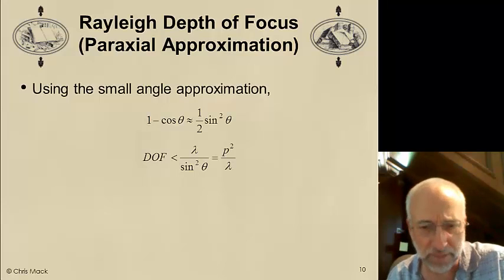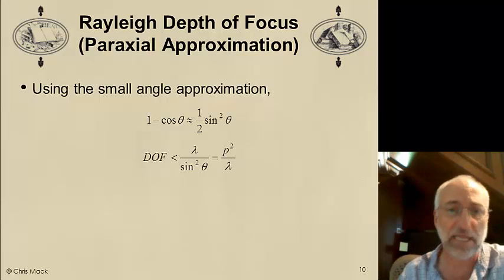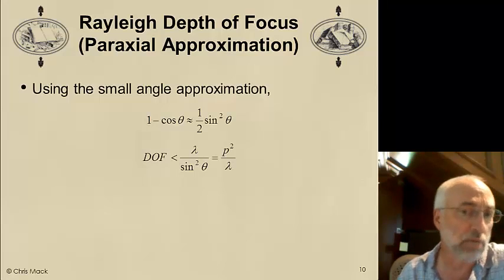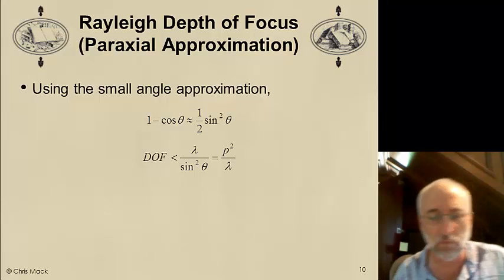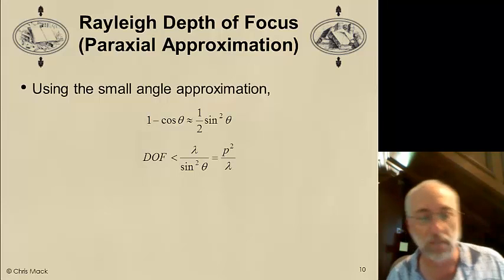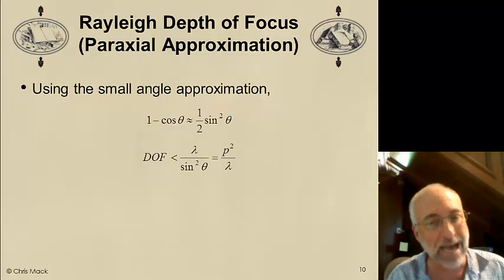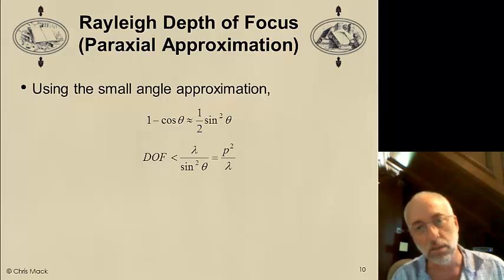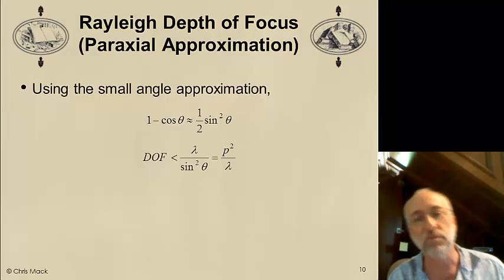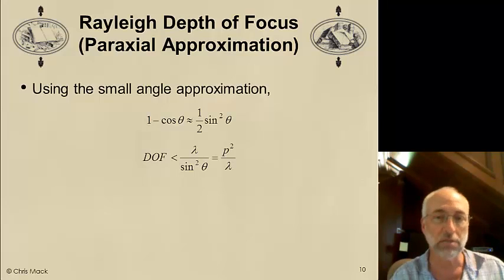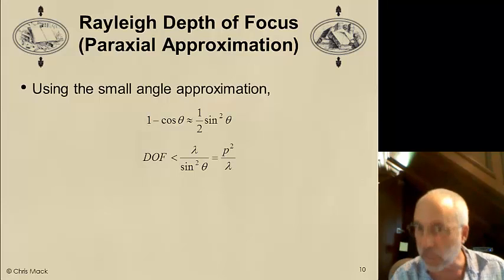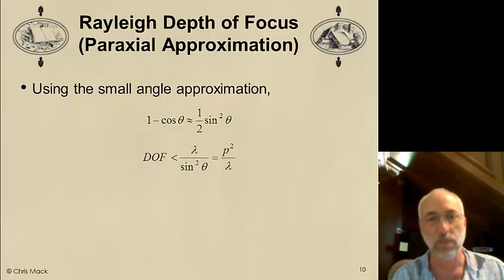And therefore, our depth of focus has to be less than lambda over sine squared theta. Well, what is sine squared theta? It's the angle of the light coming out of the lens, and if we have a periodic line space pattern, then that's the angle of the first order. Well, sine of theta divided by lambda is simply 1 over the pitch for the first order, so I can plug that in.